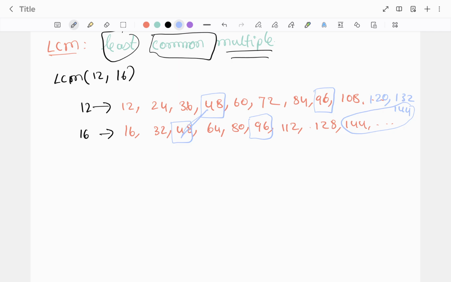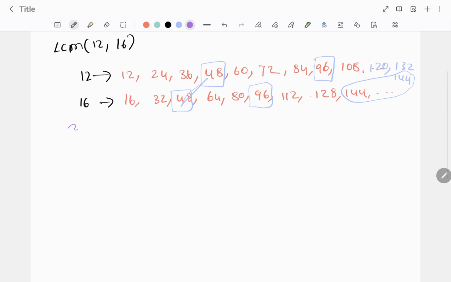This is what everyone has to say. Suppose, let us take an example. LCM of X comma Y comma Z is what?